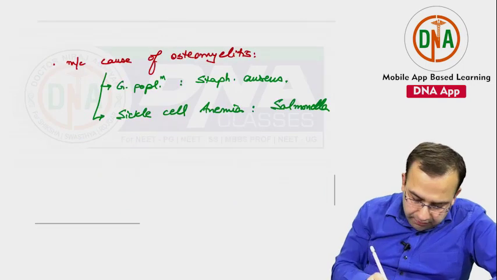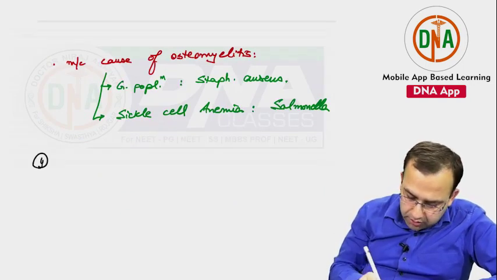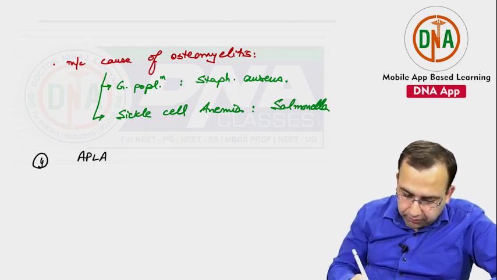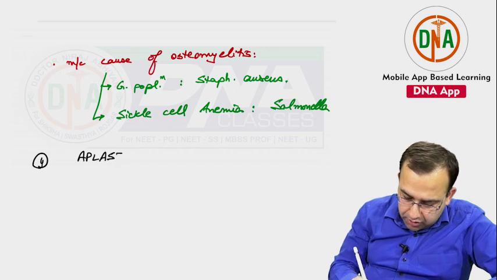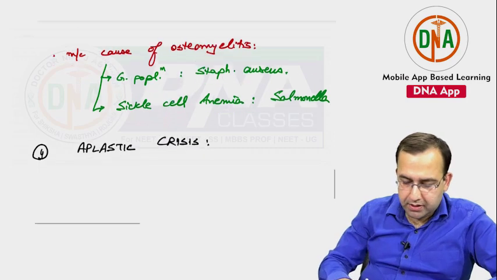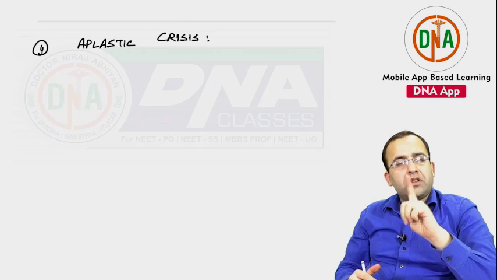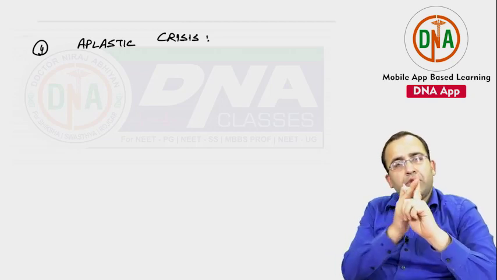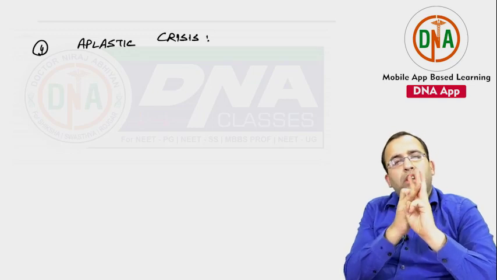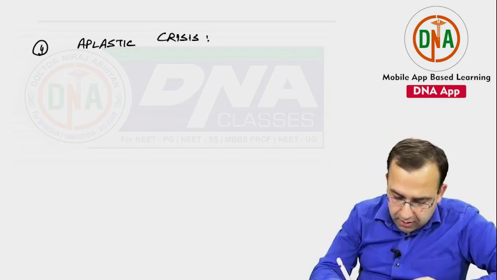And lastly, sickle cell anemia, it is also associated with aplastic crisis. What all have we seen till now? 4 clinical features. Vaso-occlusion, that is vaso-occlusive crisis. Splenic changes, autosplenectomy, increased risk of infections, and lastly, aplastic crisis.